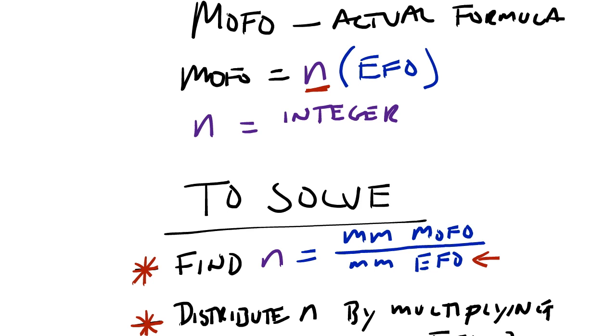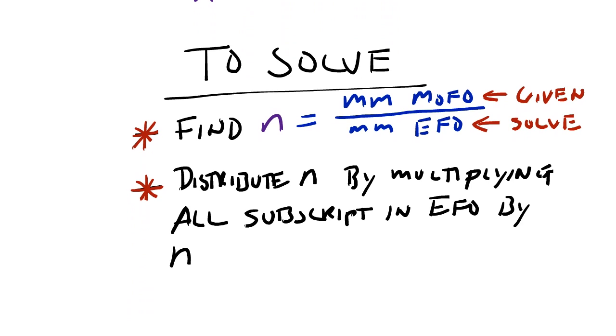You have to solve for that by just using the periodic table. You're going to be given the molar mass of the molecular formula. So you should get a nice whole number. When you get a nice whole number, you distribute that number by multiplying all the subscripts in the empirical formula by that number, and that is your molecular formula.